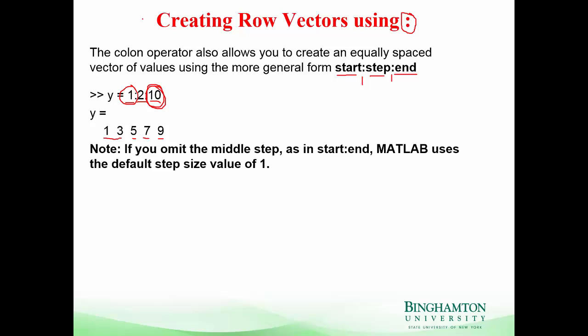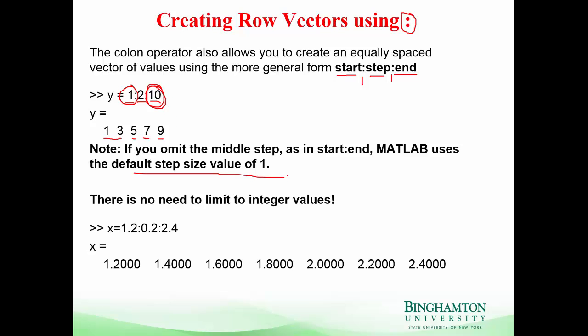And as we just said, if we omit the step in the middle, we have a default step size of 1, as we saw in the previous. And there's no need to limit things to integer values. So we start here at 1.2, our step size is 0.2, and our end point is 2.4.